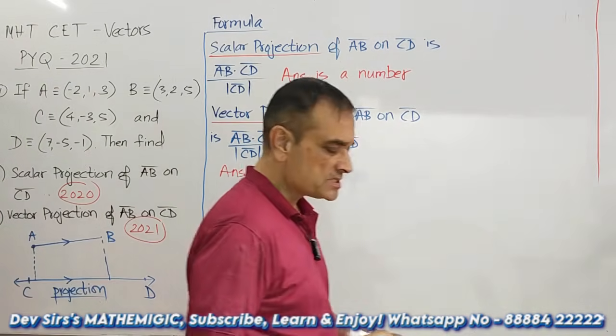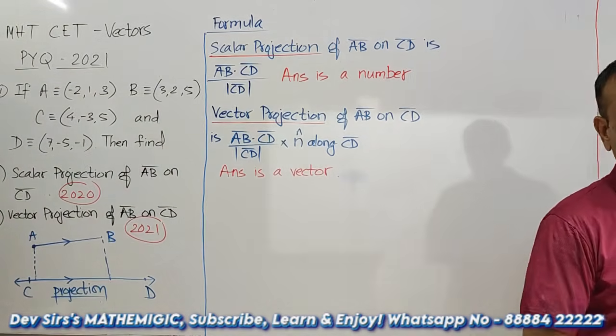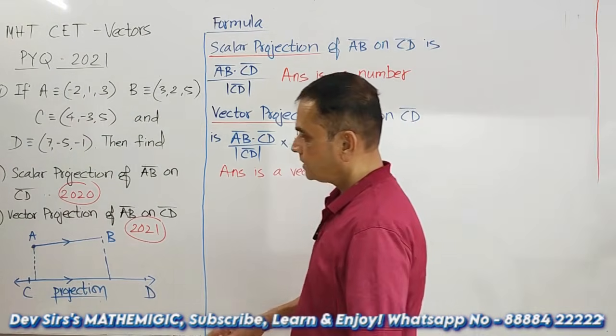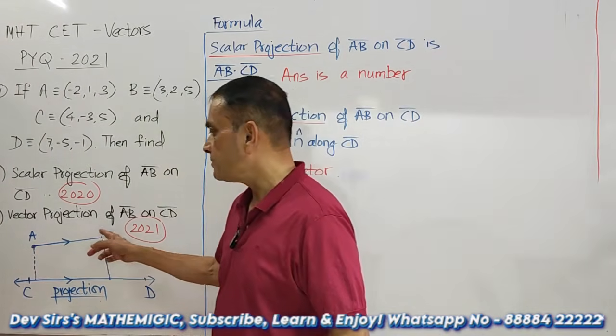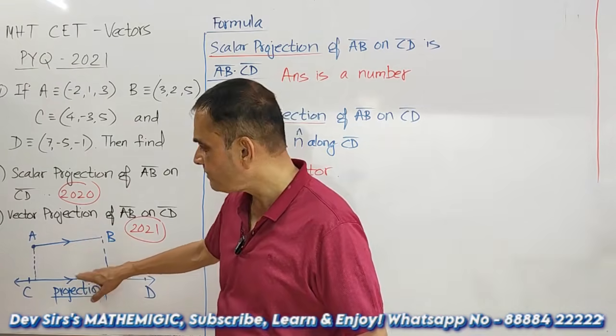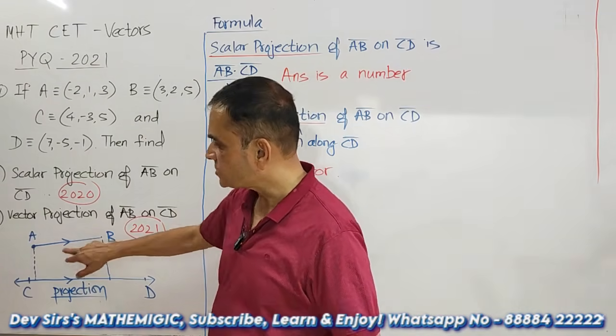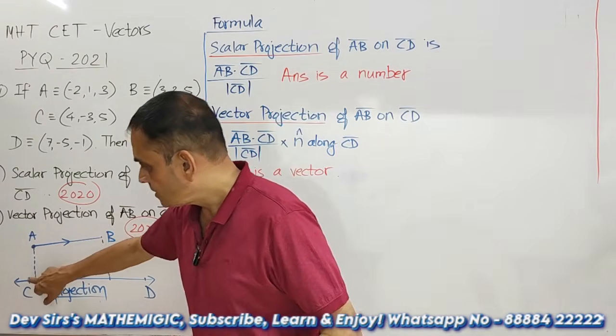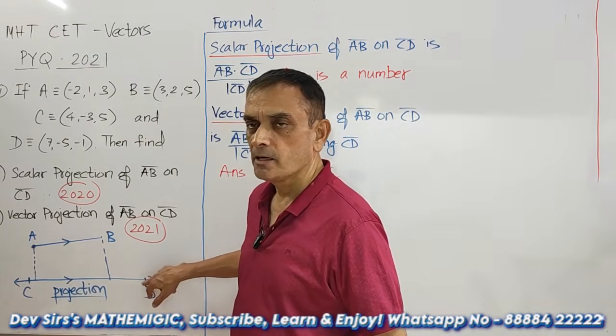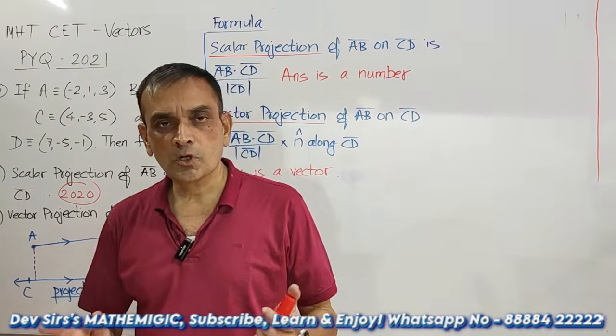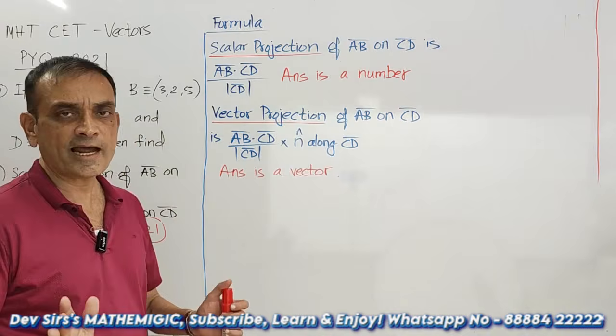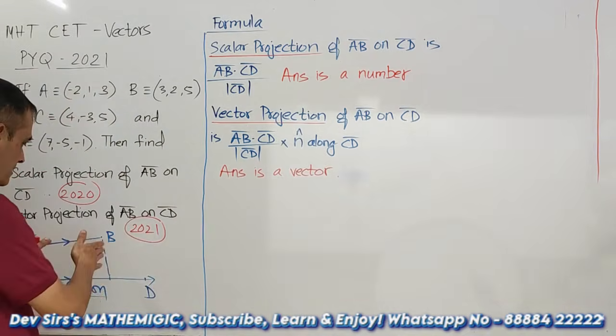Okay, now let us first see the meaning of projection. This is vector AB, need not be parallel to this, some direction. Below is vector CD. So projection is like a shadow of one vector on another.